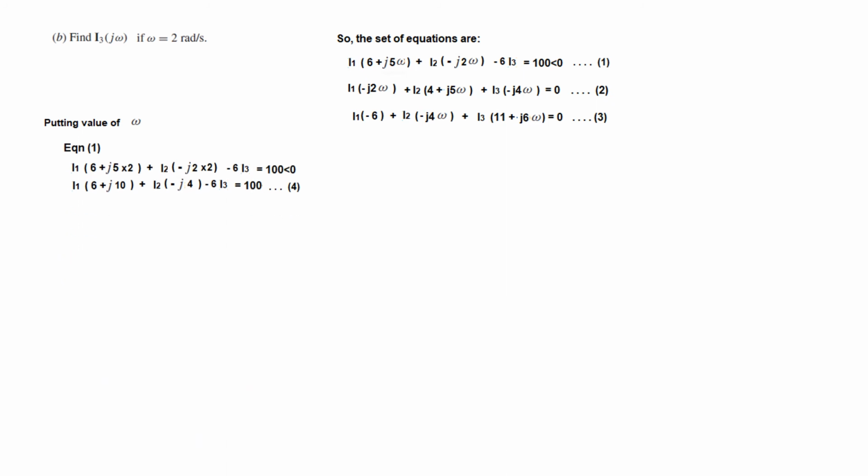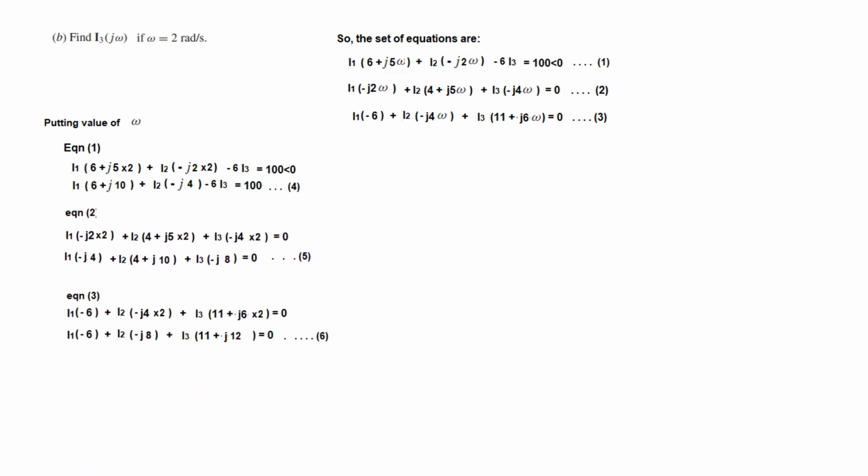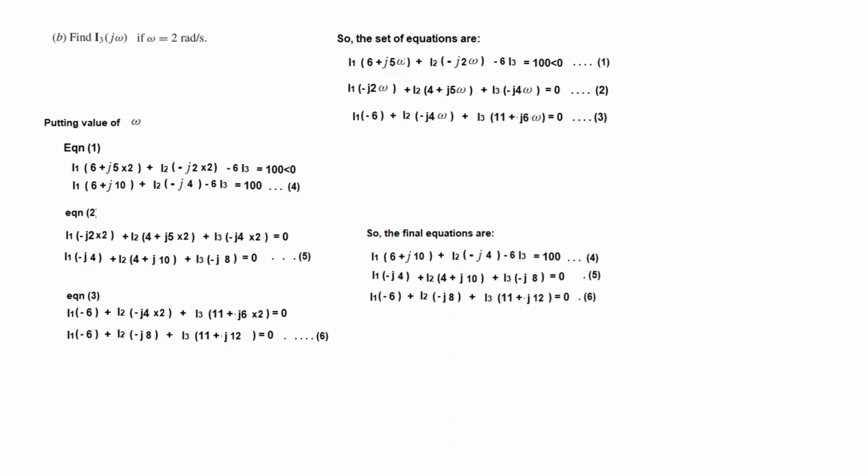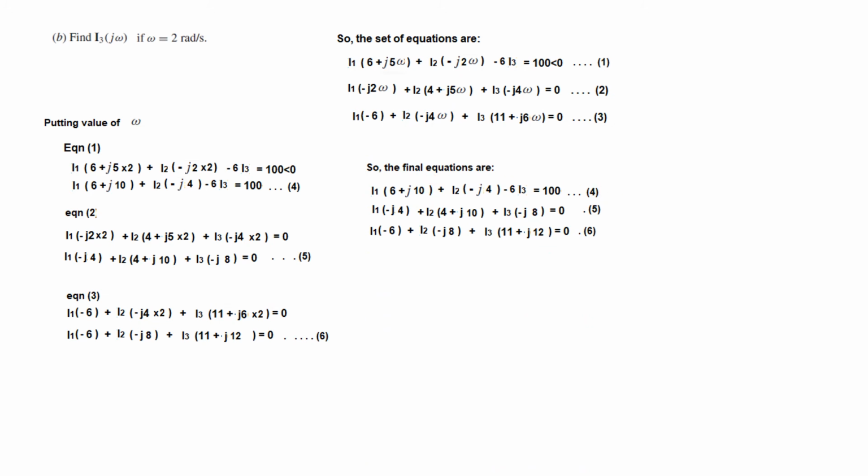So we're plugging in the value of omega in all these and simplifying. So we get the three new sets of equations by putting in the value of omega. And now from here we have to solve these three equations to find I3.